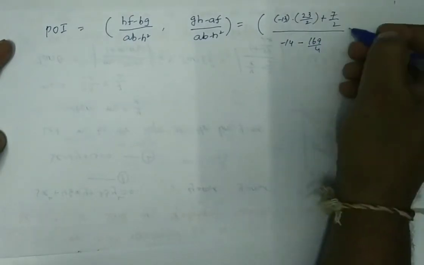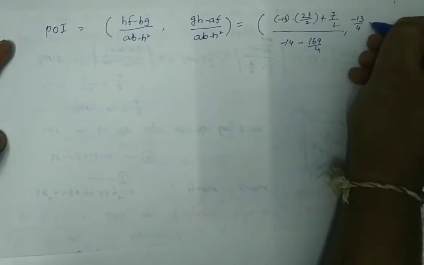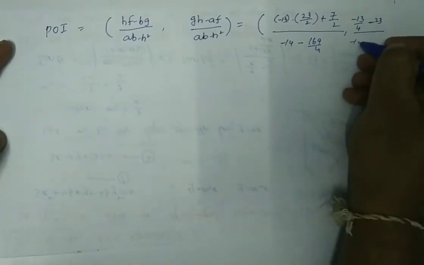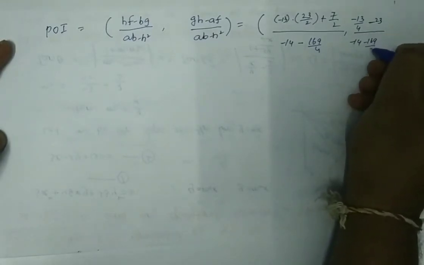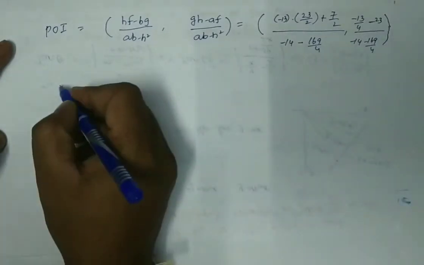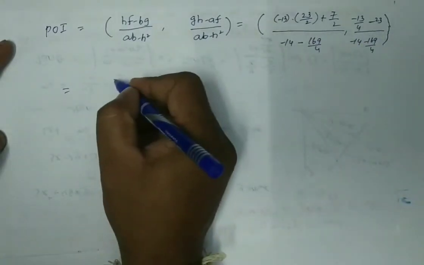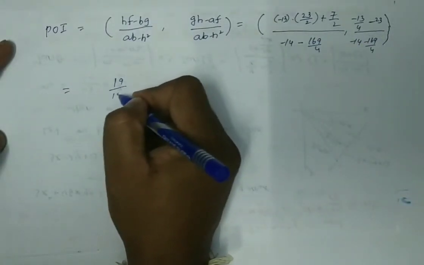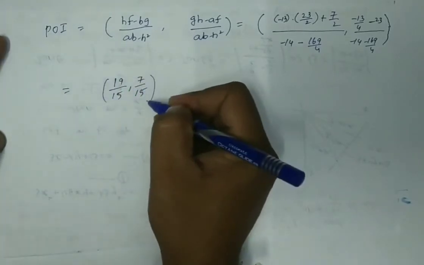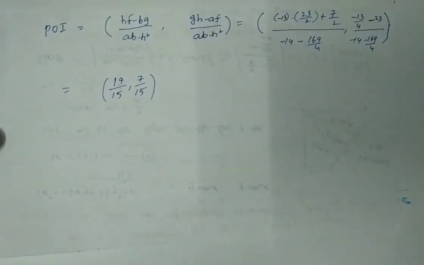Next, GH is nothing but -13 by 4, minus AF, which is nothing but -23, divided by -14 minus 169 by 4. Okay, so now by simplifying this term and this term we get 19 by 15 comma 7 by 15. So this is the point of intersection of the lines represented by the equation S = 0.